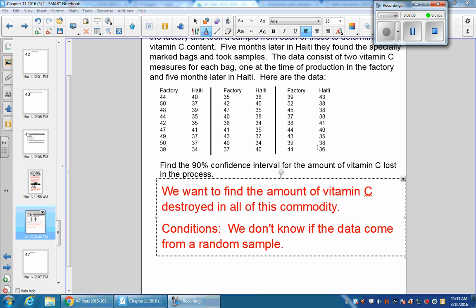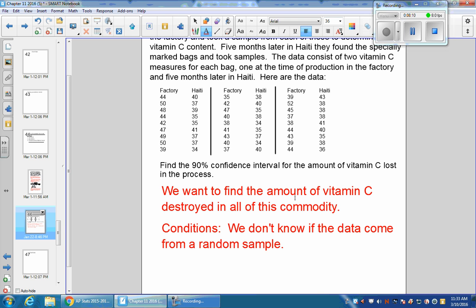Now it looks like there's 27 data points, and so we'll have to look at the distribution. And so I plotted the differences of these in my L3, and I got something that looks like this.